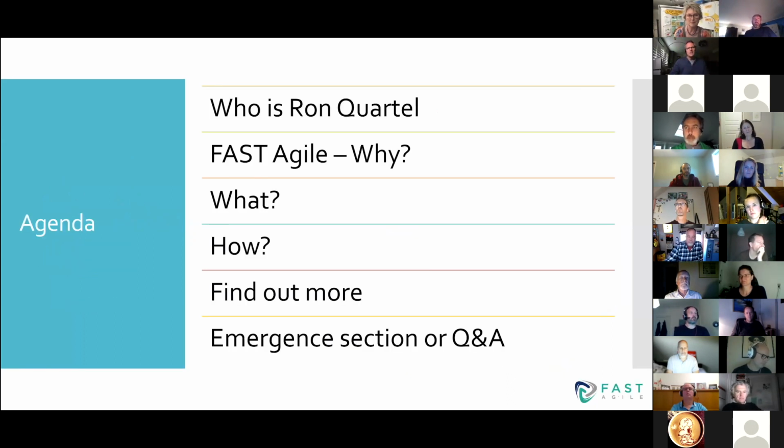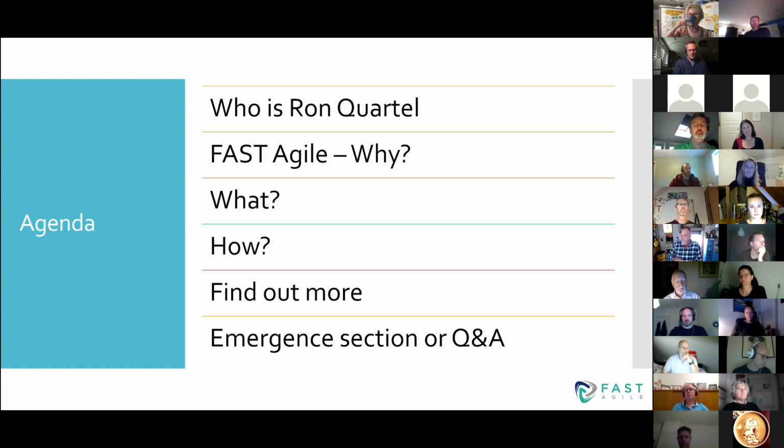Okay, so here's the agenda. Between the sections, we're going to have breakouts where we can discuss topics, so it's not just about sitting here looking at slides and listening to me. I'm going to tell you who I am, and about the why of FAST Agile.